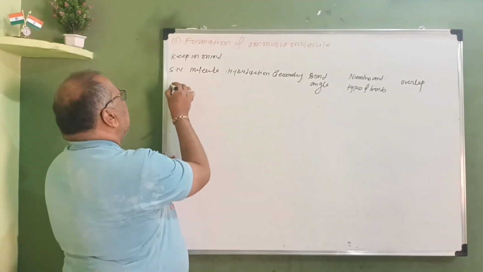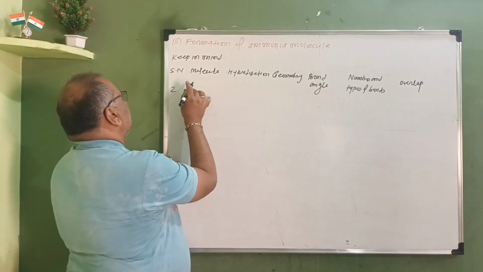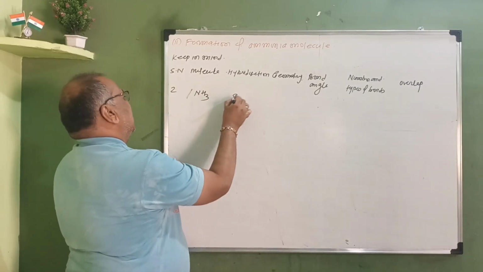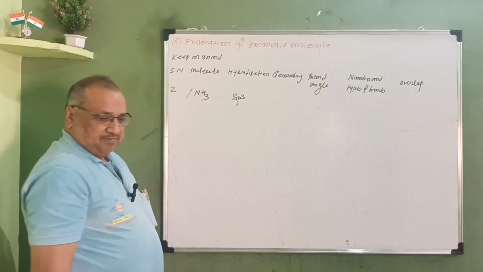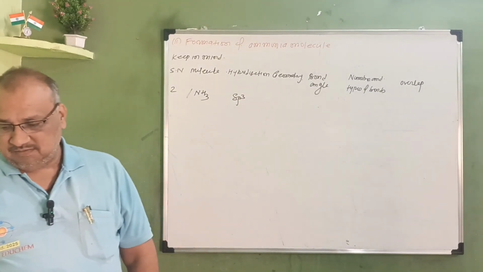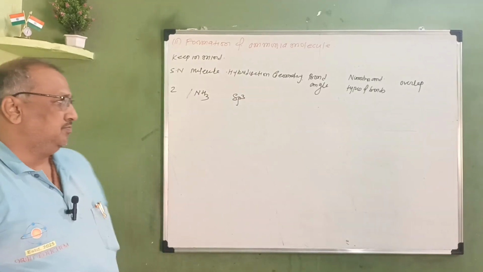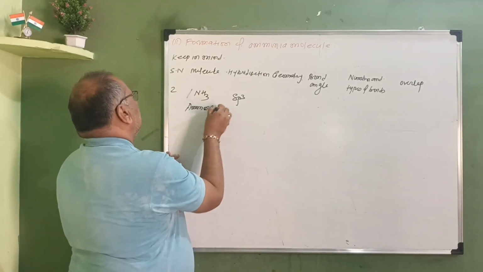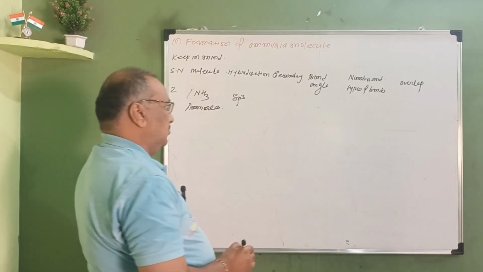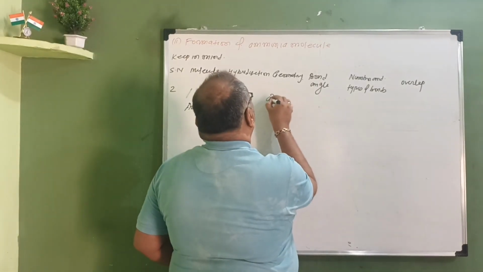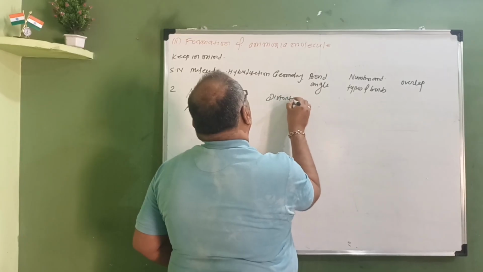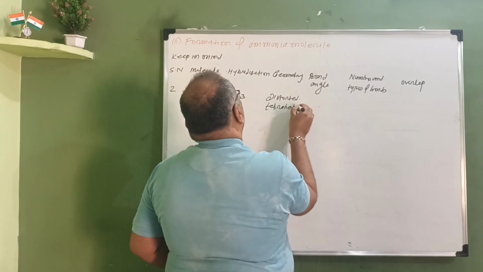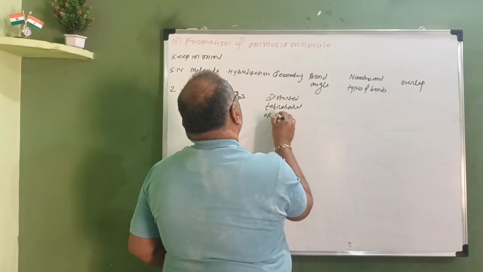Now here write down second, ammonia, that is NH3. Hybridization is sp3. Geometry is distorted tetrahedral or pyramidal.